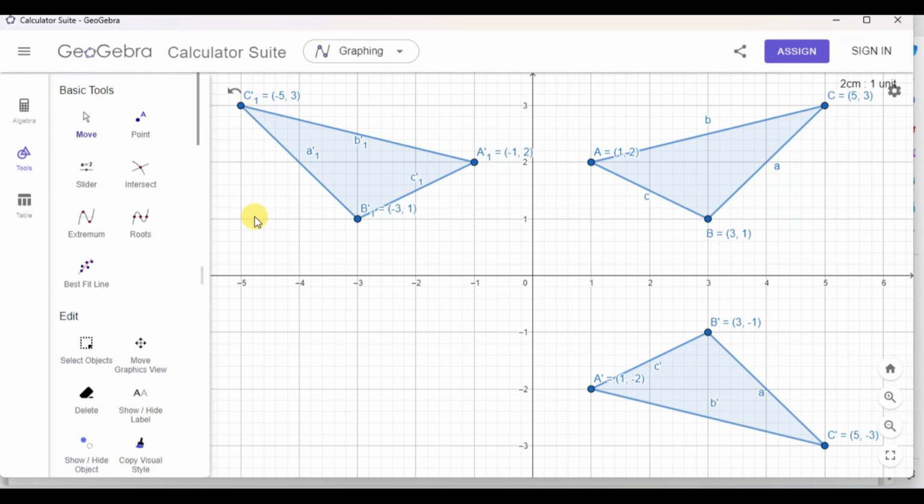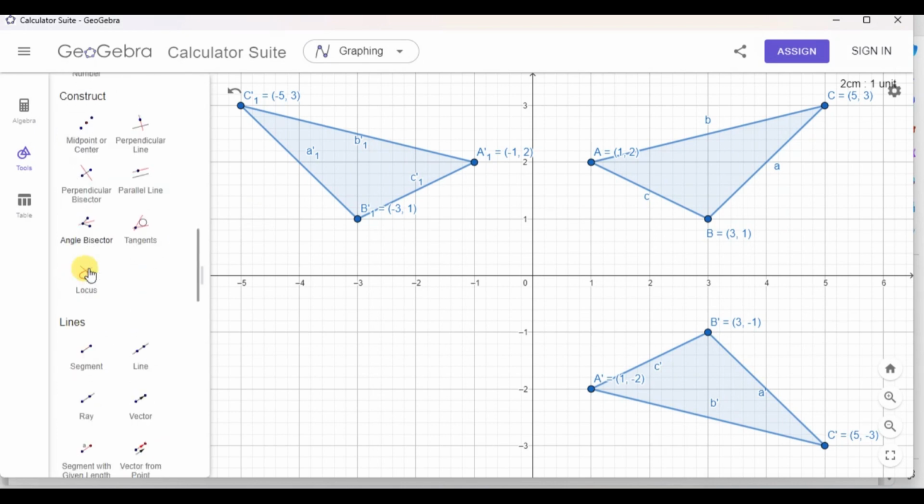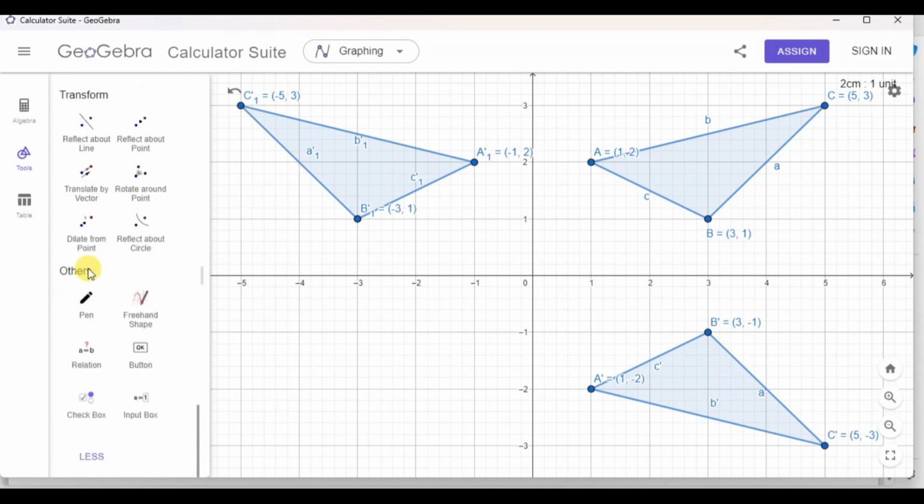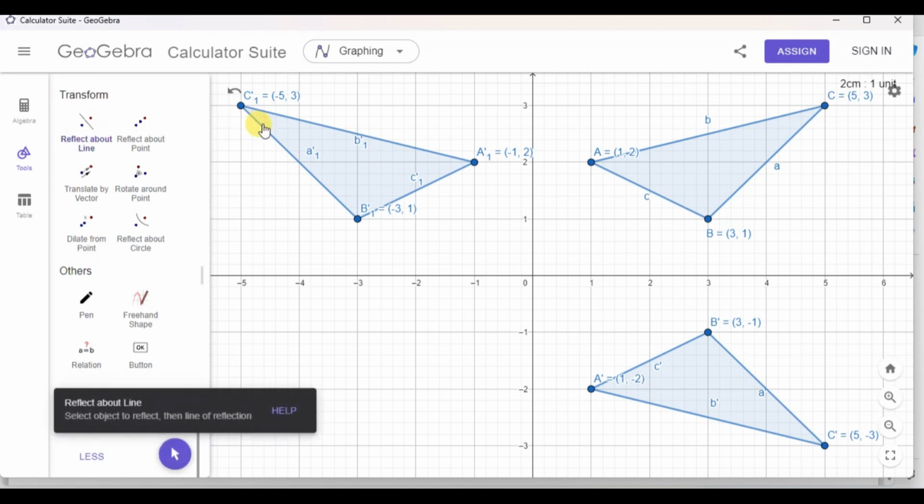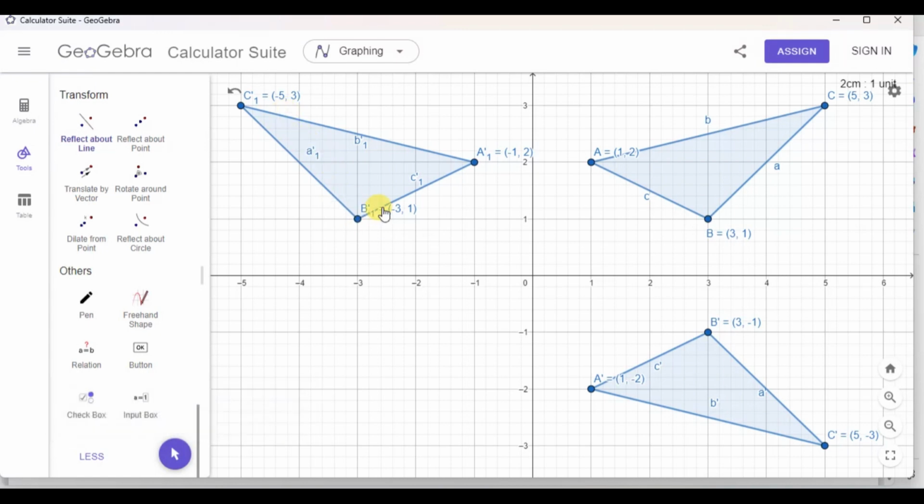Now the question can further say that you should reflect the triangle A1, B1, and C1. You are reflecting this one, not the original one.